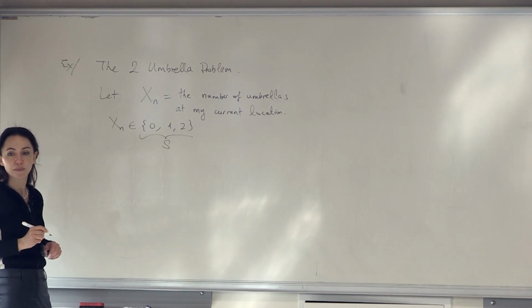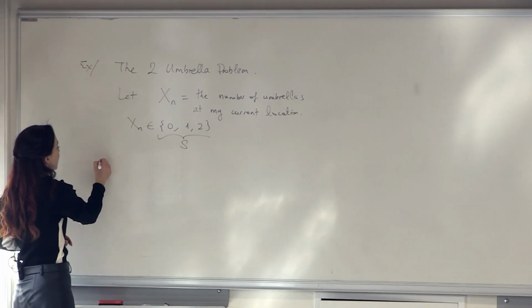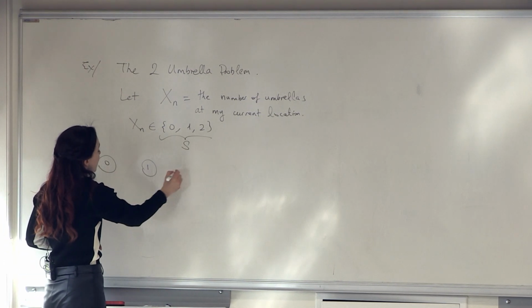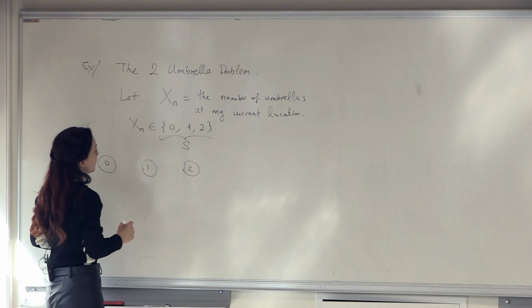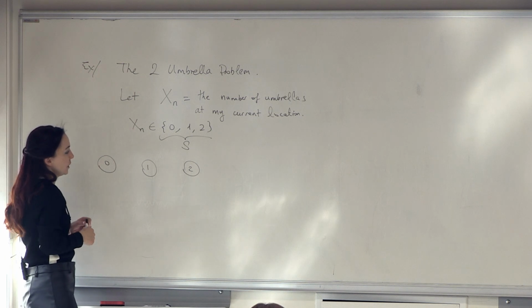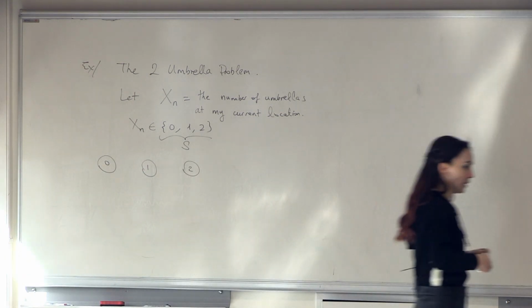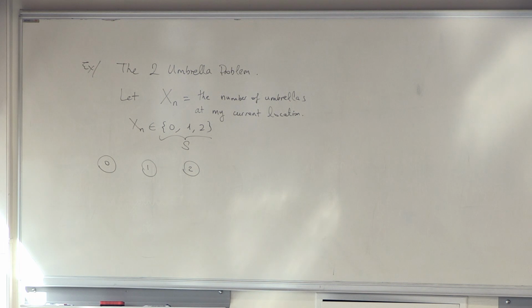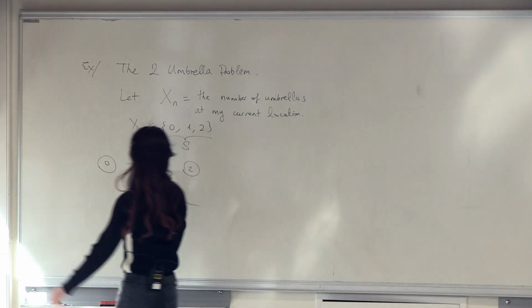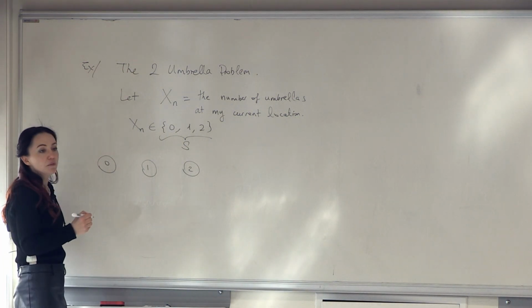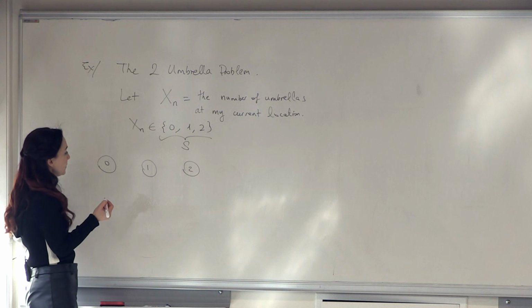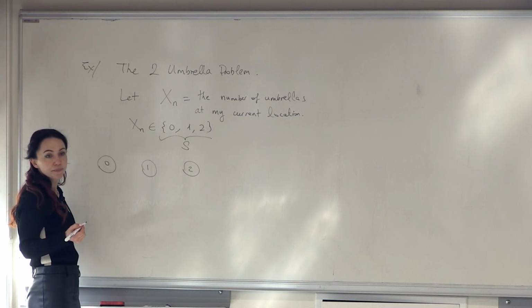Any questions here? Okay, so let's draw the one-step transition probabilities between these states. Okay, so from 0, if I have no umbrellas in my current location, I really don't have a choice.